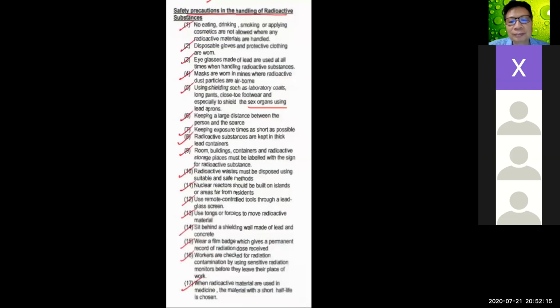Wear a film badge which gives a permanent record of radiation dose received. Yes, those who work in a factory using radiation must wear a special patch. Last one more. Rooms, buildings, containers, and radioactive storage places must be labeled with the sign for radioactive substances. Yes, correct, very good. The room, the lab where you store this radioactive substance, must be labeled. Everybody who sees the signboard, the symbol, must be aware. Okay, thank you very much, Ang.